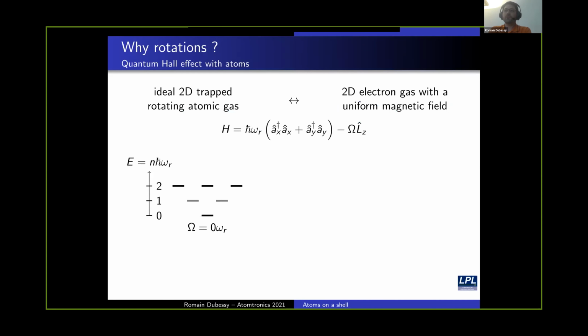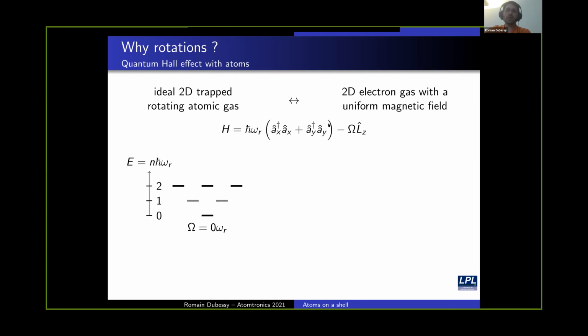To motivate further the idea of studying rotations, one of the original motivations for this kind of study was to take advantage of the analogy between the ideal two-dimensional trapped rotating atomic gas and the two-dimensional electron gas in the presence of a uniform magnetic field. If you write this Hamiltonian, you can apply it to both systems just by making some translation between rotation and magnetic fields.